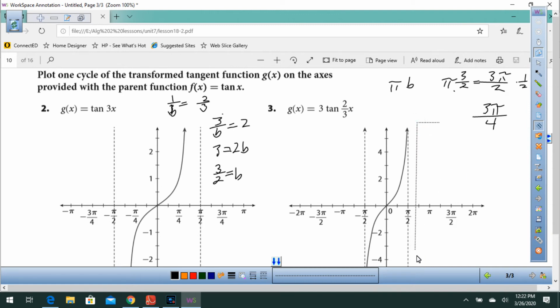Almost there. And then we got the spot here in the middle. And then there you go. And it is drawn.